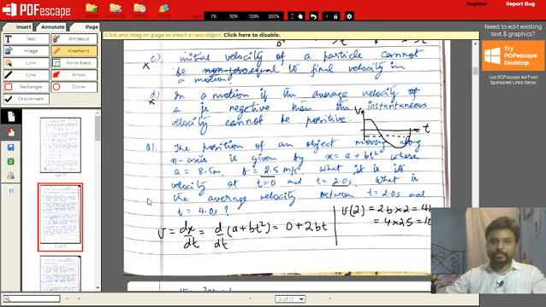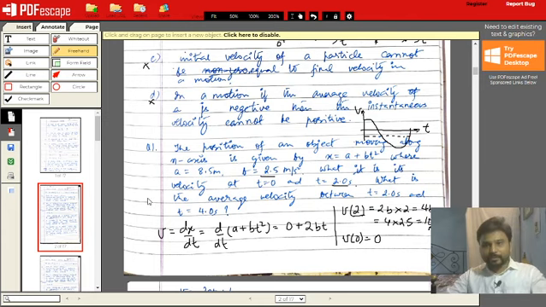So that means the velocity of the particle at 2 seconds is 10 meters per second. Similarly, the velocity of the particle at 0 seconds would be 0. If you put the value of 0, this is 0.